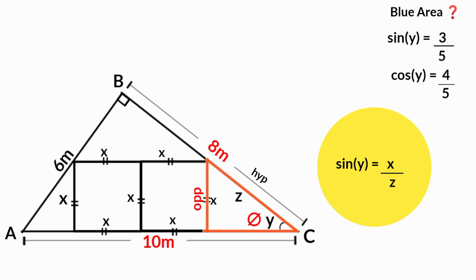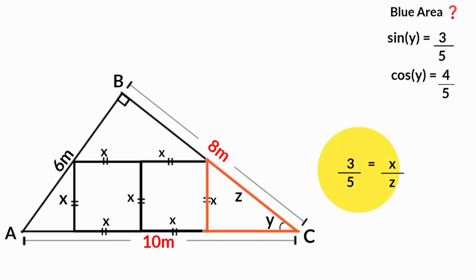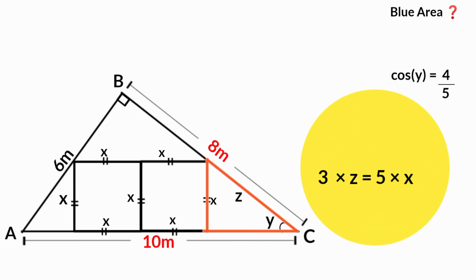So sin y equals x over z. But recall here, sin y equals 3 over 5. So if you substitute here now, 3 over 5 equals x over z. If we cross multiply, now 3 times z equals 5 times x. 3 times z is 3z, and 5 times x is 5x.